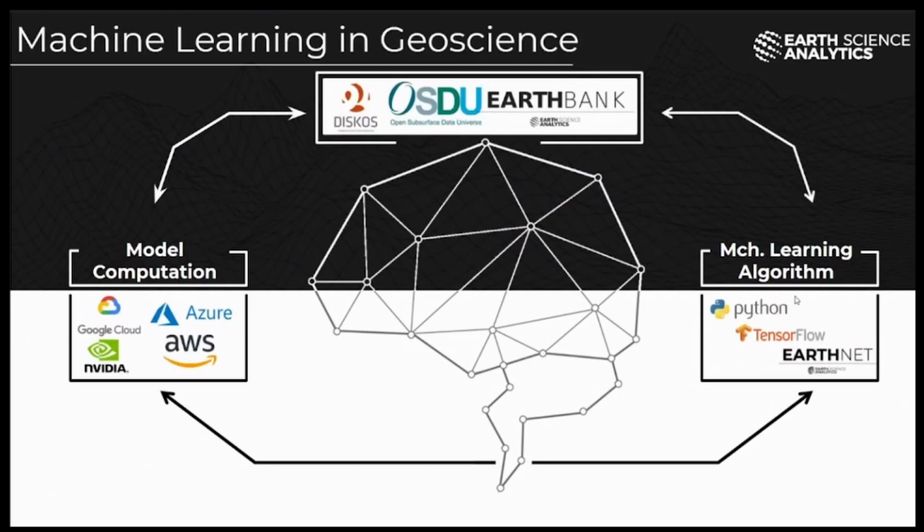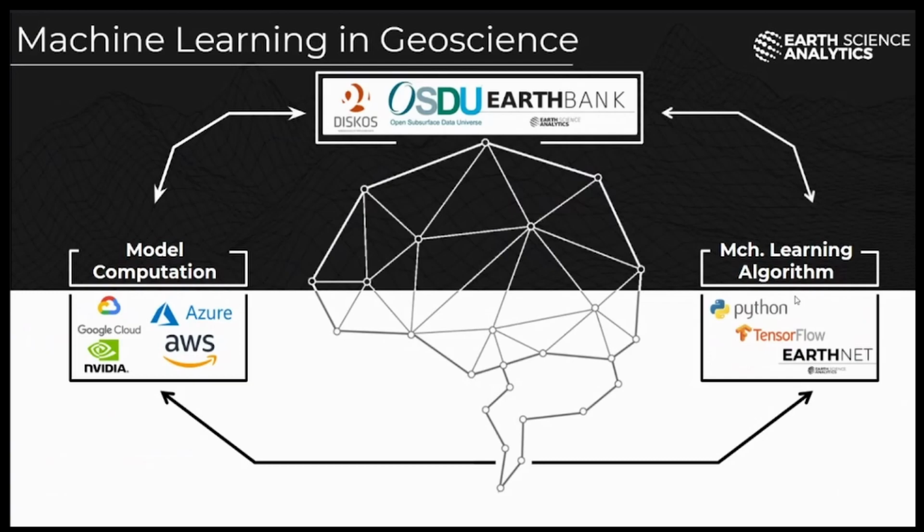In the geoscience space, in Earth Science Analytics, we have adopted these principles like this. We access compute from multiple vendors on demand. Data is available on a large scale from national data repositories such as Diskos. We have data exchange systems and data management APIs, such as those coming from OSDU.